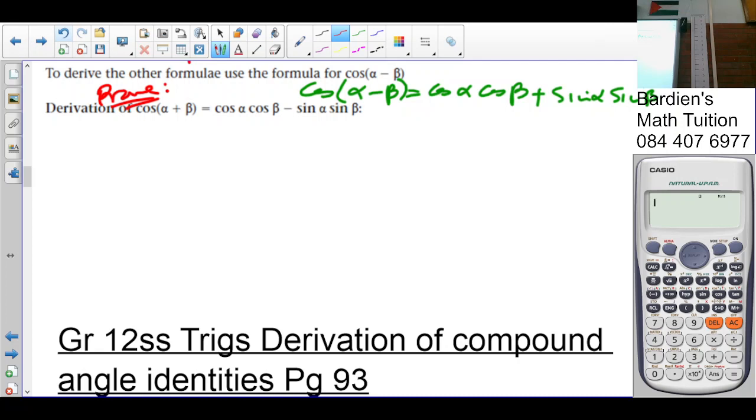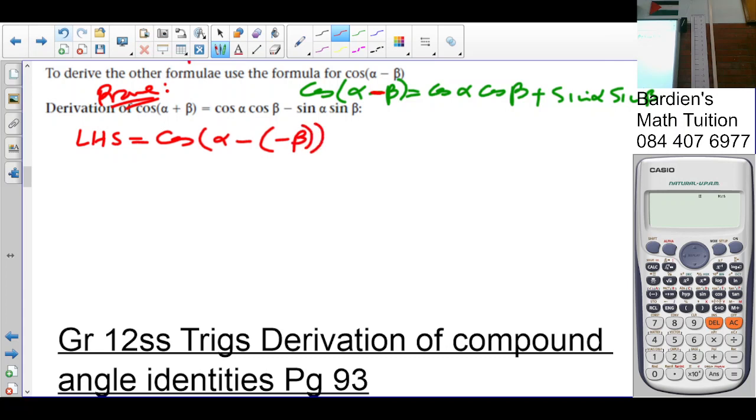Of course, this is an identity, so again we work with the left-hand side. So the left-hand side is cos of alpha plus beta. But remember, we need to have it looking like cos of alpha minus beta, but there's a plus here, not so? So how do we get the minus there? By saying cos of alpha minus minus beta.